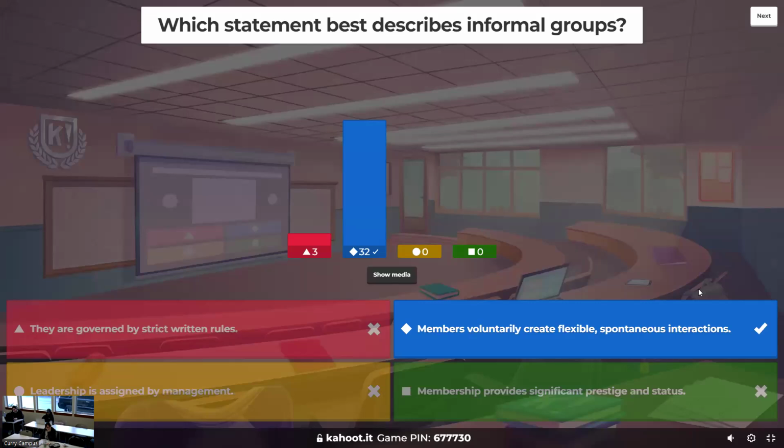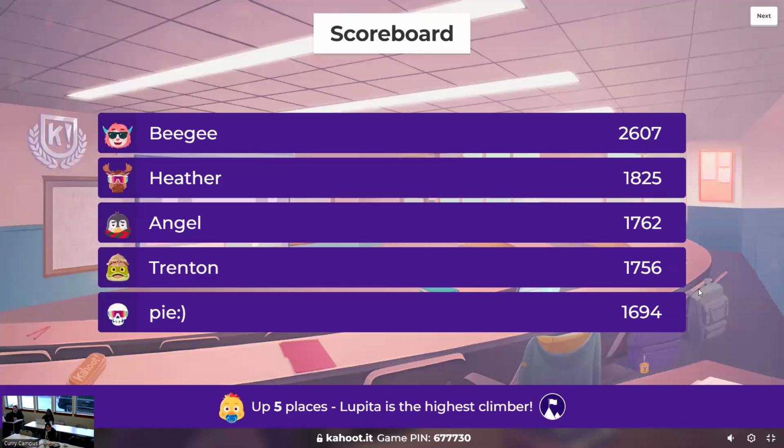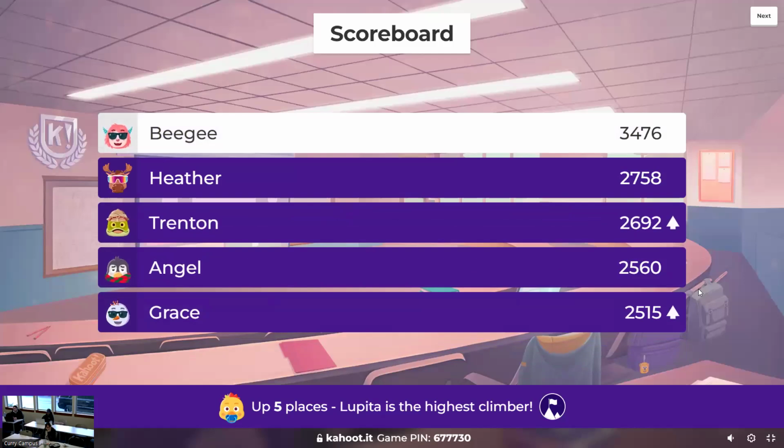All right. Almost everybody got that one right. Good. Members voluntarily create flexible, spontaneous interactions. Okay, so BG is ahead.